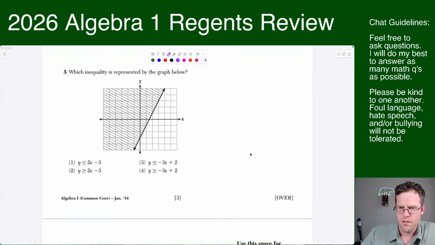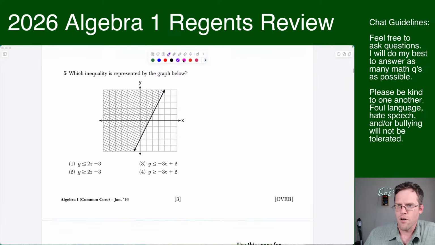So looking at the next question here, we have: which inequality is represented by the graph below? We have a linear function here, and if you remember, y equals mx plus b, m is the slope and b is the y-intercept.